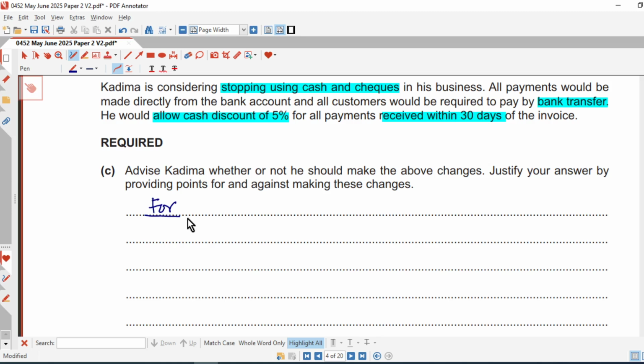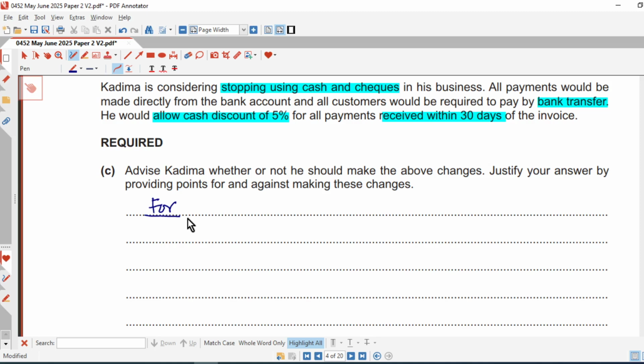So you don't run on cash anymore, you don't collect cash. What's a good thing about that? Now, using a bit of logic, using a bit of common sense, you should be able to tell me that you're going to reduce the risk of cash being stolen. Is that correct?